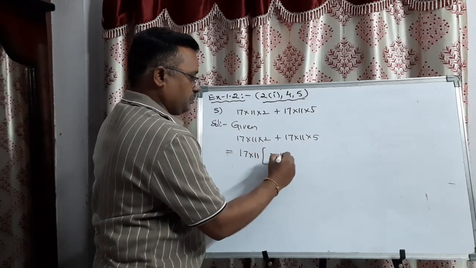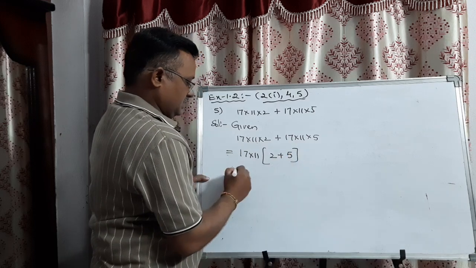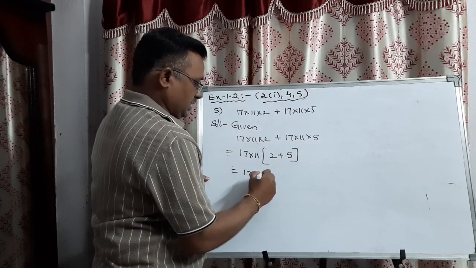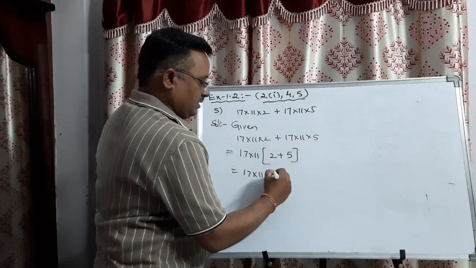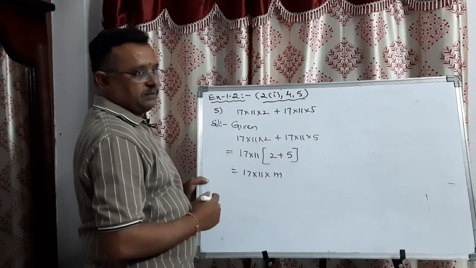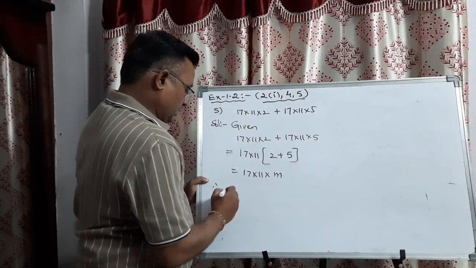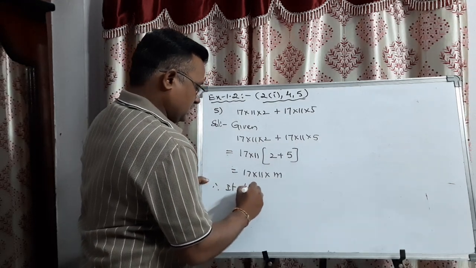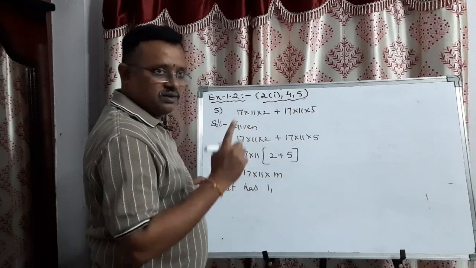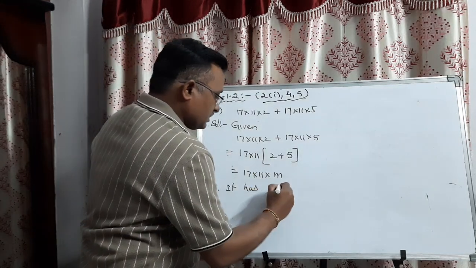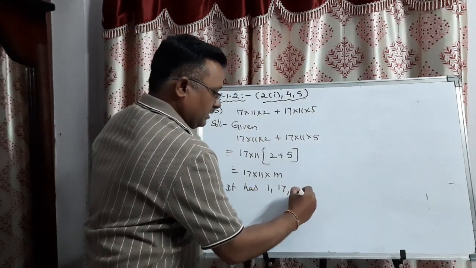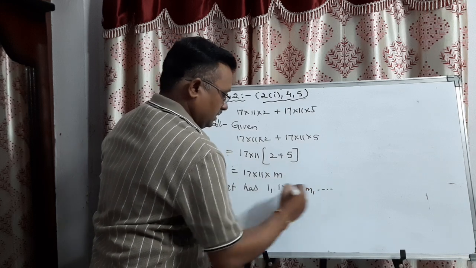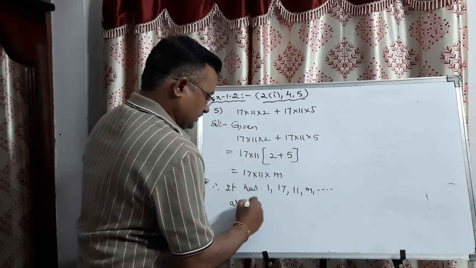The remaining value is 2 plus 5. This is equal to 17 into 11 into this bracket value, which I used to take as m, I already told you. Therefore it has one compulsory factor for every number, 17, 11, m and so on as the factors.